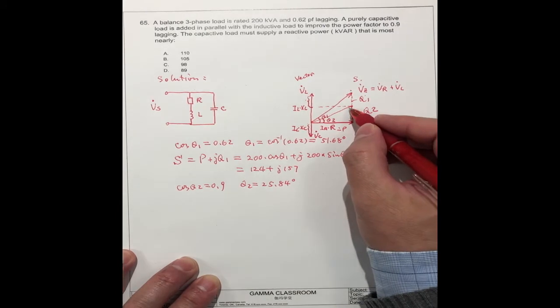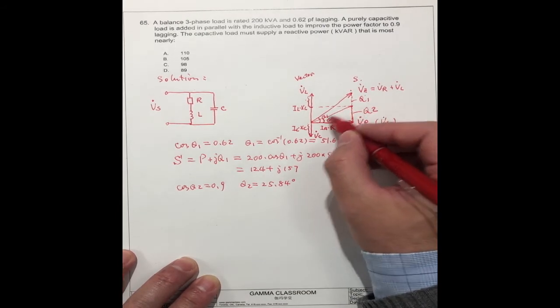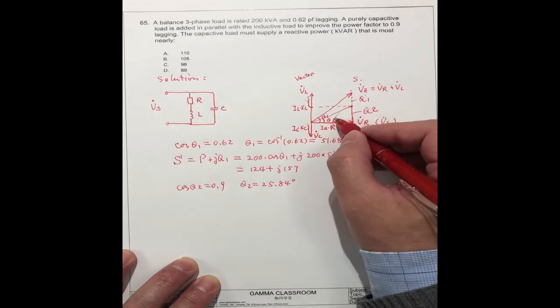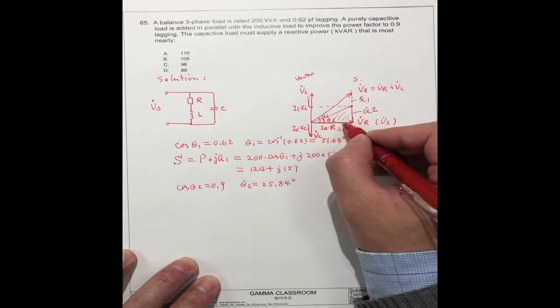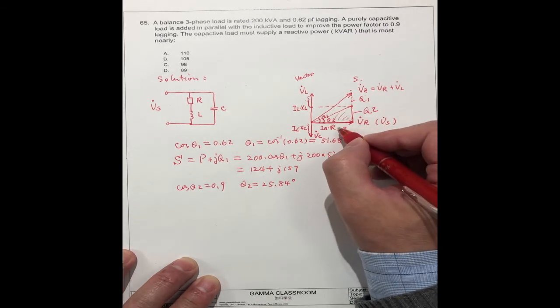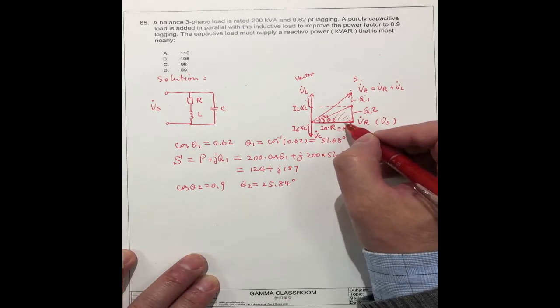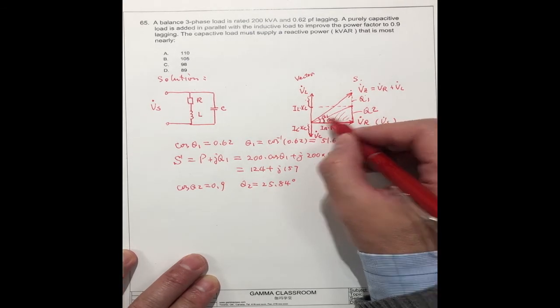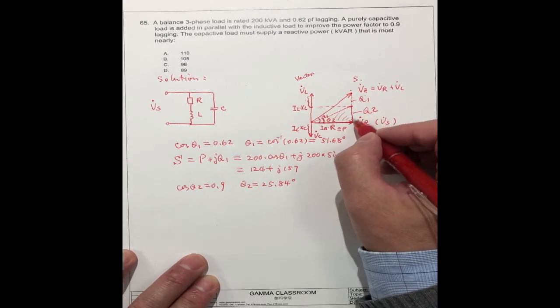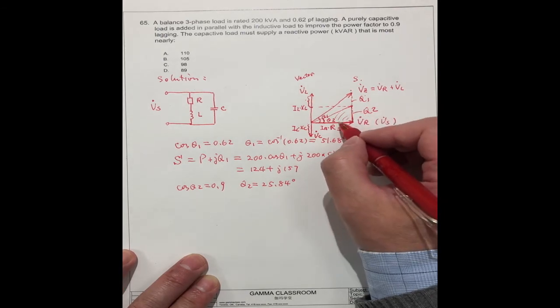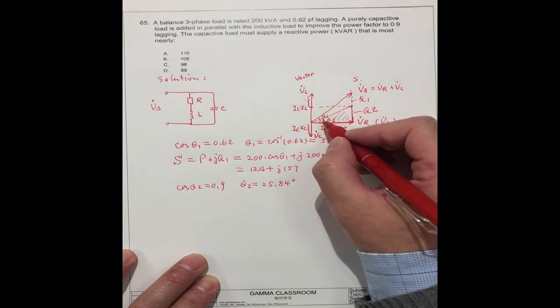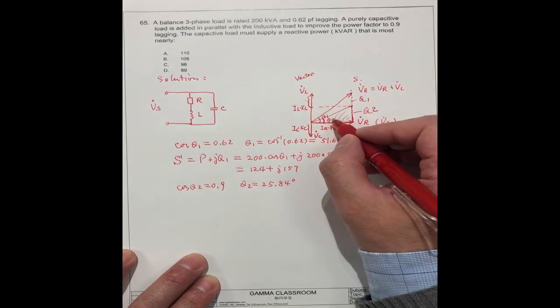In this triangle, this side is equal to P because the real power doesn't change, and this side divided by this side equals tan theta 2.